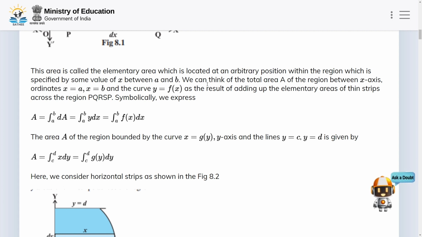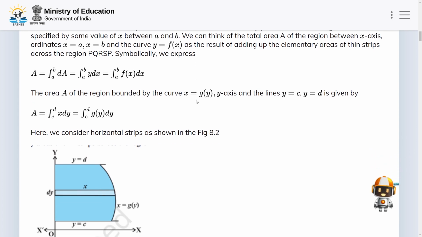We can also think of the total area of the region between the x-axis and the ordinates, under the curve y equals f(x), as the result of adding up all the elementary areas of thin strips.